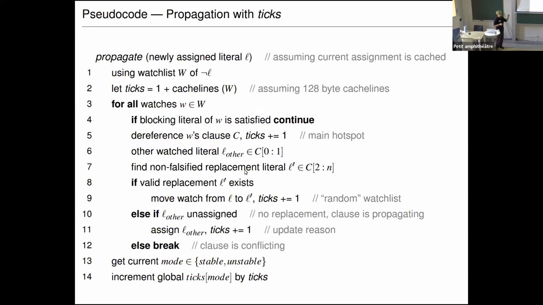Now, I have another pseudocode slide. So cache lines are not always the same size, right? So it means that you might have different counts on different computers. Yes, this is true. And actually, we're just assuming a constant here.